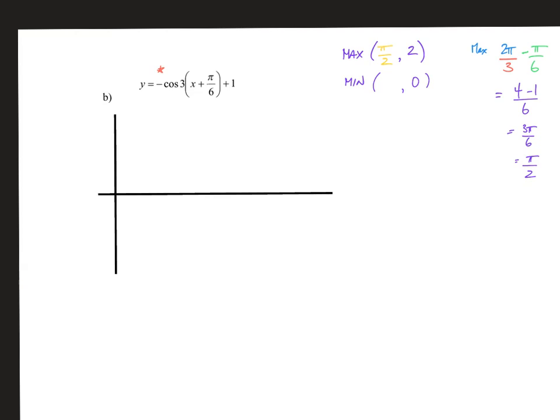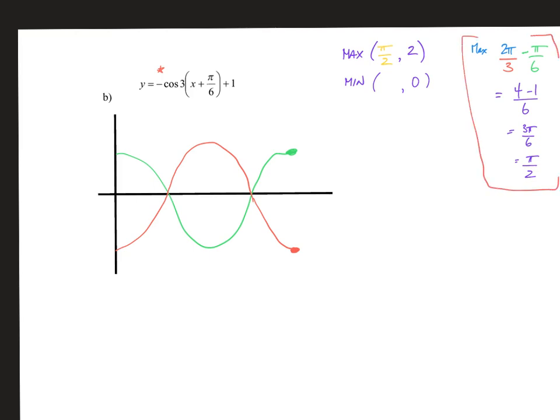So I'm going to put on my base cos graph again, and all I'm going to do is reflect. And so what you'll notice is, as soon as I reflect that curve in the x-axis, what used to be a maximum now became a minimum. And so it's not like I wasted my time coming through and finding that value. What it is is that I didn't really find the maximum value.